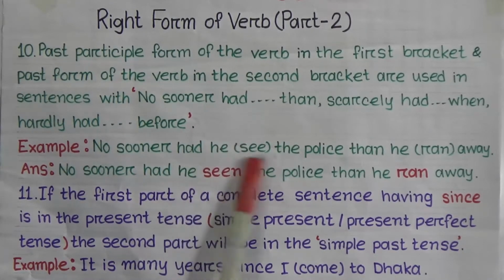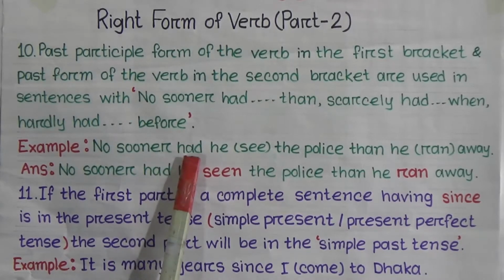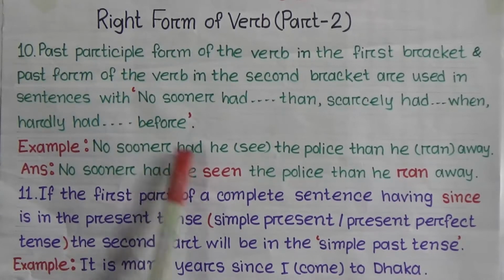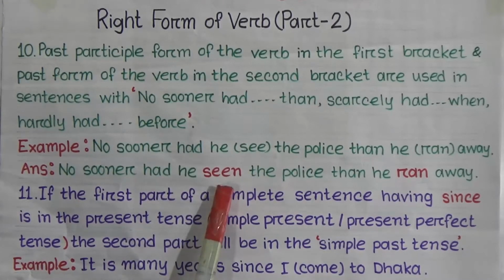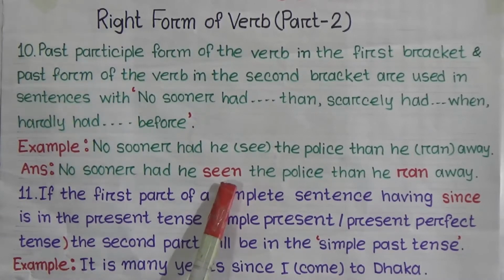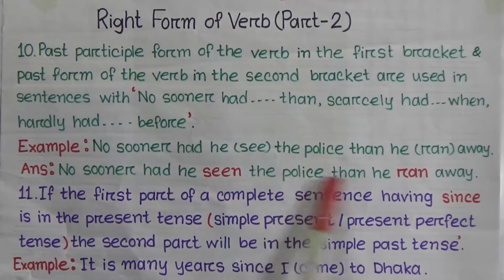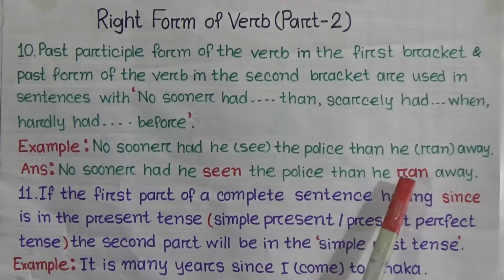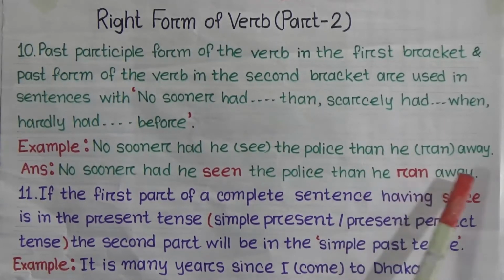In the first bracket the word is see, and as we find had, no sooner had, we know after had we have to use the past participle form of the verb, and we know the structure of past perfect tense. So no sooner had he seen the police than he, according to the rule, in the second bracket it will be past form, he ran away.